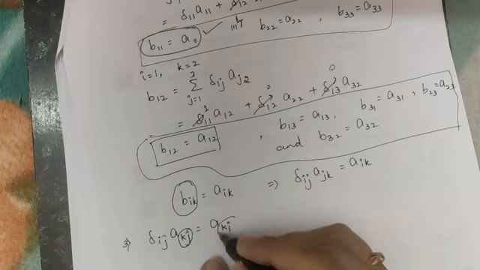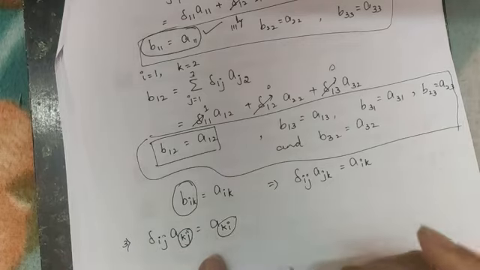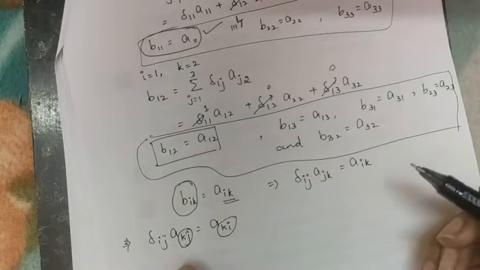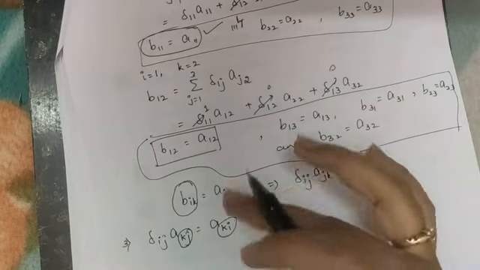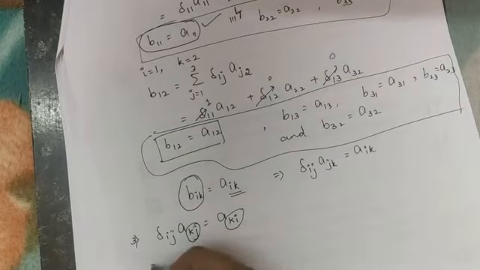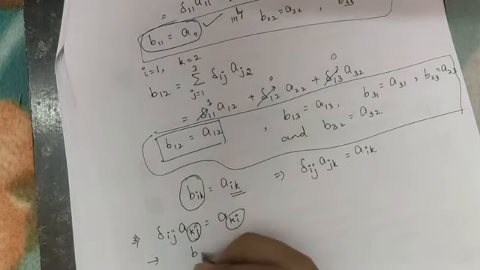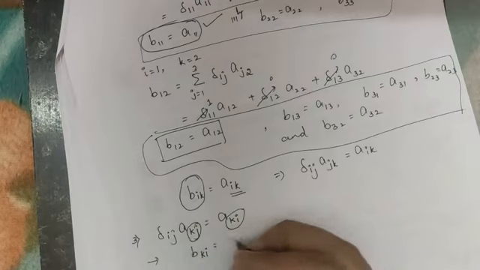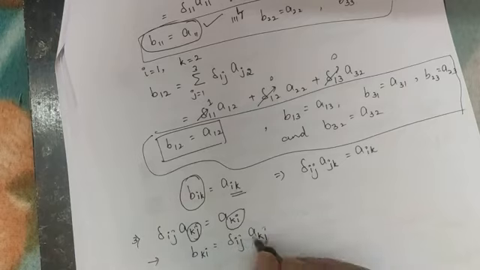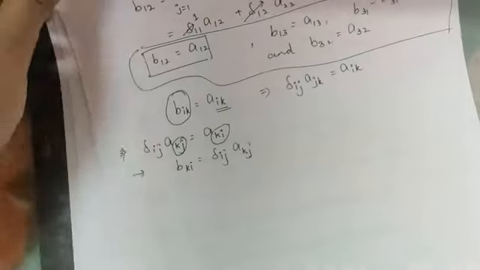So here I have aki. In second property you are having aik. Don't get confused between second and third properties. Okay, so as usual consider bki is equal to delta ij akj. j is my dummy suffix, i and k are free suffixes.